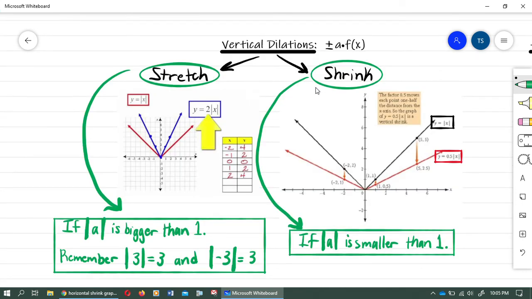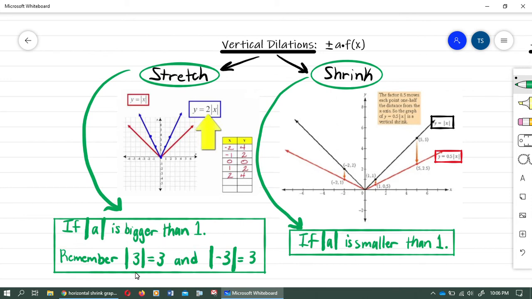Okay, so guys, remember that it will be a vertical dilation if you're multiplying a number on the outside of f of x. And specifically, it'll be a vertical stretch if the absolute value of that number is bigger than 1.